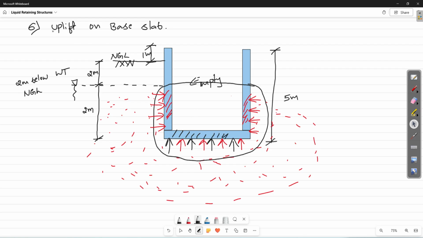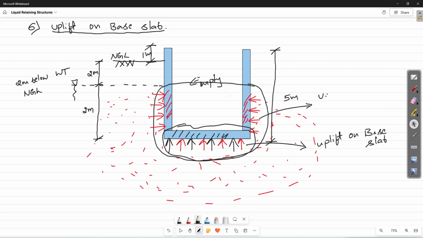Now you are calculating uplift on base slab. You are calculating this pressure, this uplift on base slab. This is uplift on base slab, and this is uplift on walls. Now we will calculate uplift on base slab.